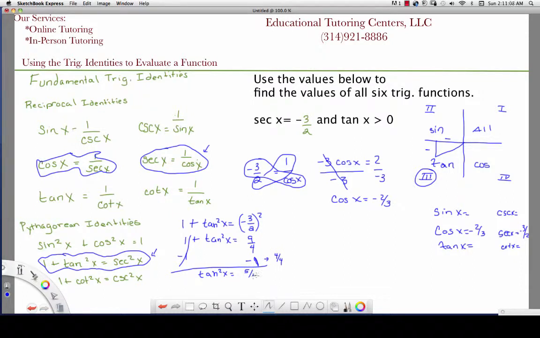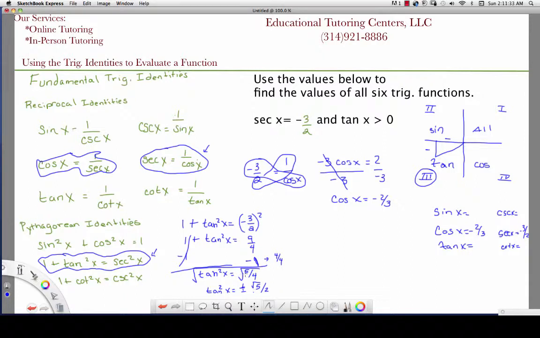Now tangent isn't equal to 5/4. Tangent squared is equal to 5/4, so I'll need to take the square root. And then tangent x is equal to plus or minus square root of 5/2. Now it says plus or minus because whenever we take the square root, it produces two answers.